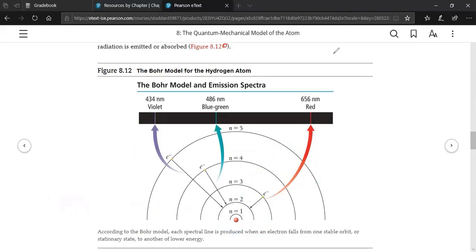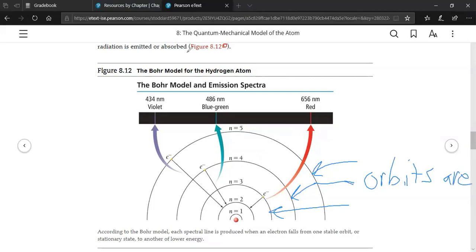Now, why do you need the Bohr model here? Well, what's unique about the Bohr model, and this is a huge breakthrough, is that these orbits of the electrons are what's called quantized, or fixed.